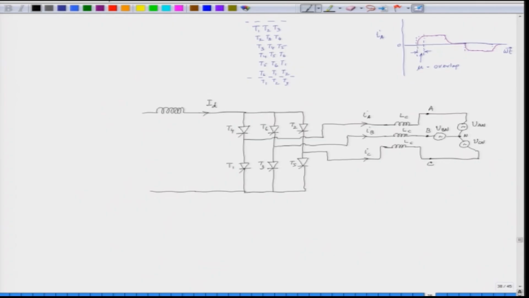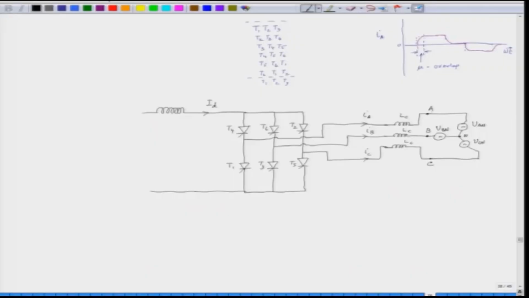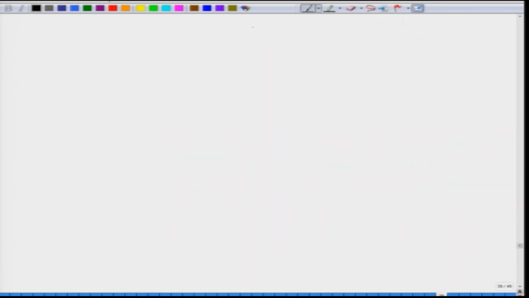The load also has got back EMF. So, the load voltages are also sinusoidal. So, we can draw the various load line voltages for the synchronous machine. So, we can draw here VAB, VBC and VCA. So, if we draw the load voltages, they will appear like this.